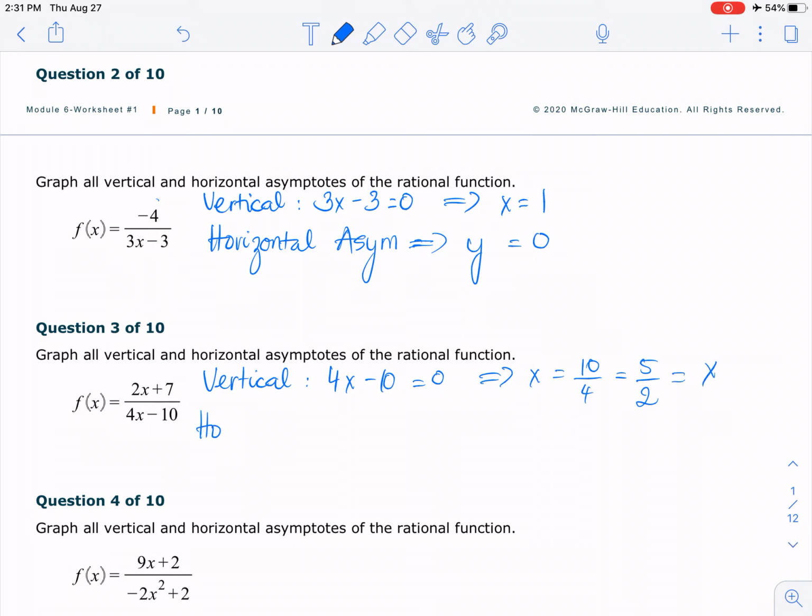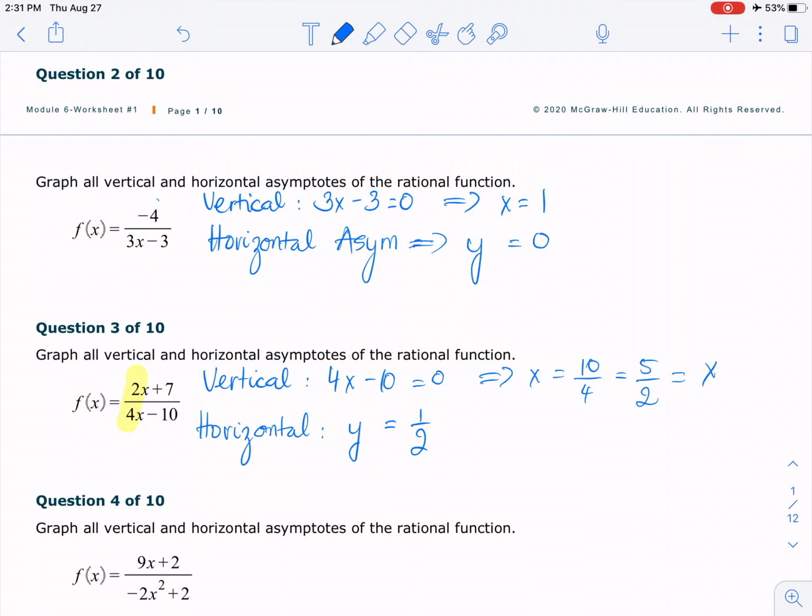For horizontal, you see the degree is 1 for the numerator, and the degree is 1 for the denominator. If we have the same degree for top and bottom, you simply pick the coefficients, and that's going to be the horizontal asymptote. So in this case, it's going to be y equals 2/4, which is 1/2.